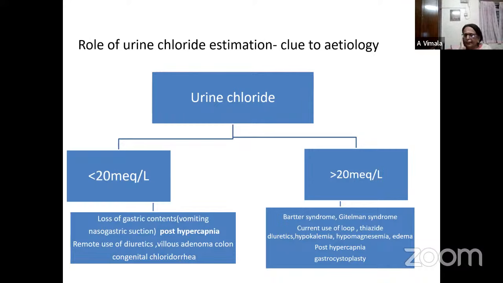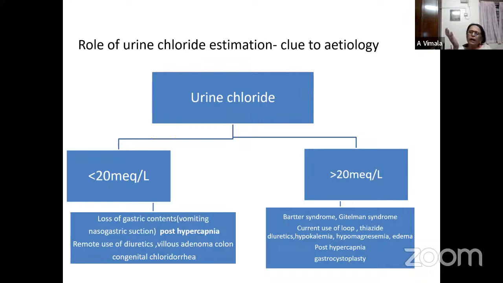On the other hand, if the child has a chloride of more than 20, that means when the kidney has to conserve chloride, the kidney is excreting more chloride. That means the kidney is the culprit for the metabolic alkalosis, as in Bartter syndrome, Gitelman syndrome, current use of loop diuretics or thiazide diuretics, hypokalemia, hypermagnesemia, edema, post-hypercapnia, or gastrocystoplasty.